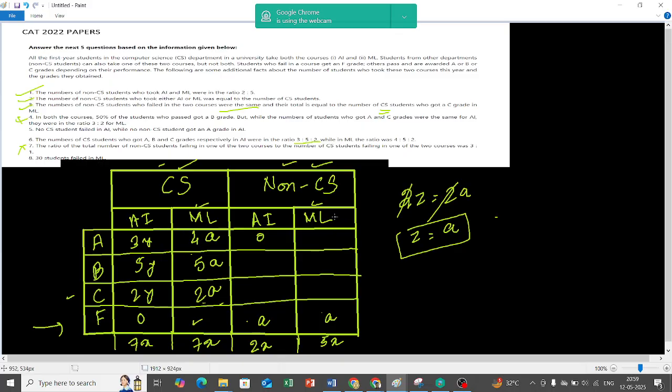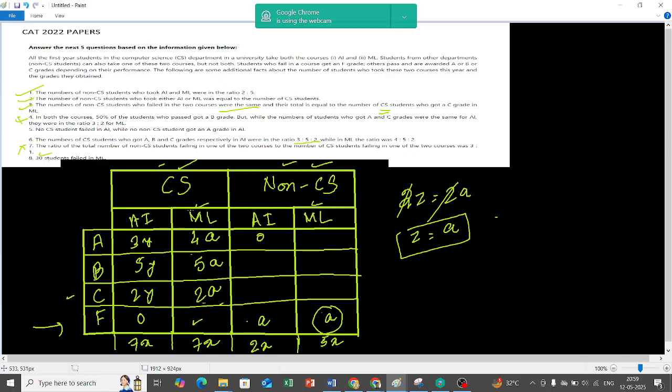Now see how many students failed in ML. A number of students failed in ML in non-CS. What is the total number of students failed in ML? 30.